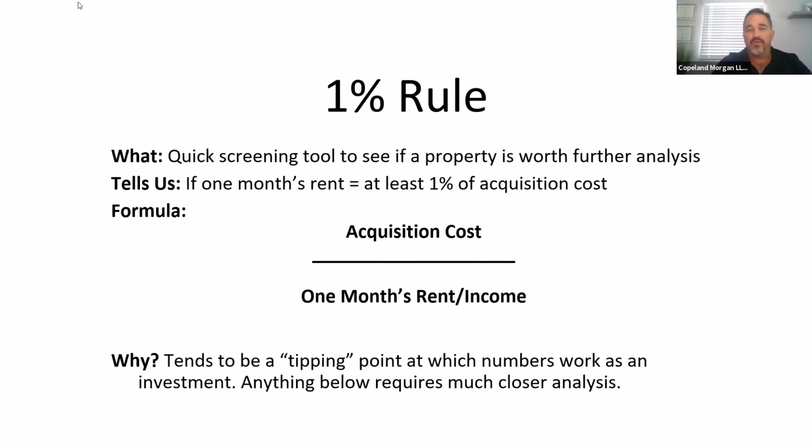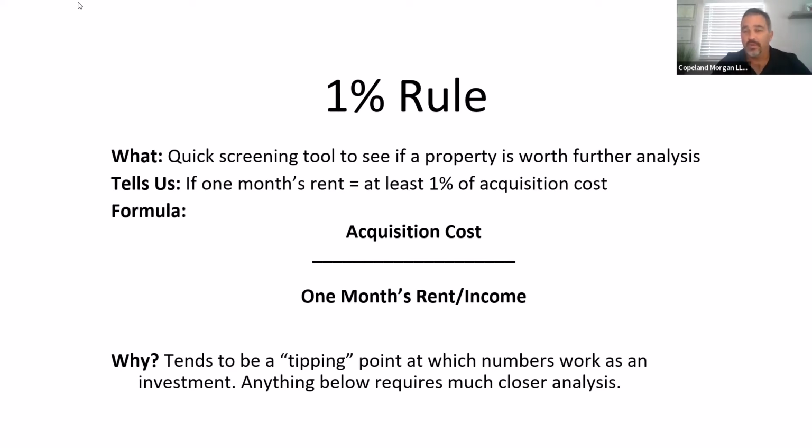And then we have the 1% rule. This is a really quick piece of math you can do, which is: does the monthly rent equal at least 1% of the purchase price? So if you've got $1,000 a month in rent and they're asking $100,000, at a glance, that looks like it should be a pretty good deal, especially in today's market.